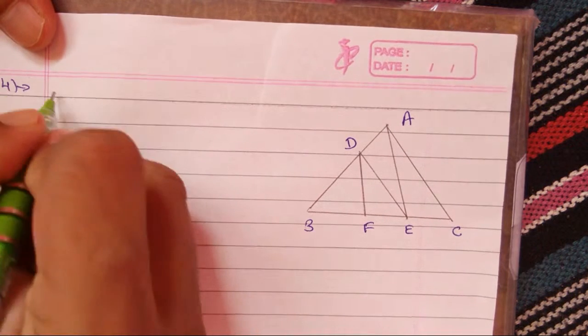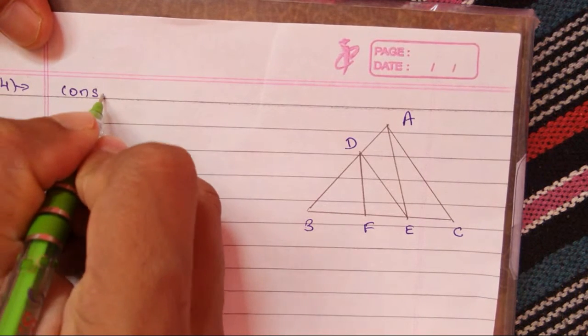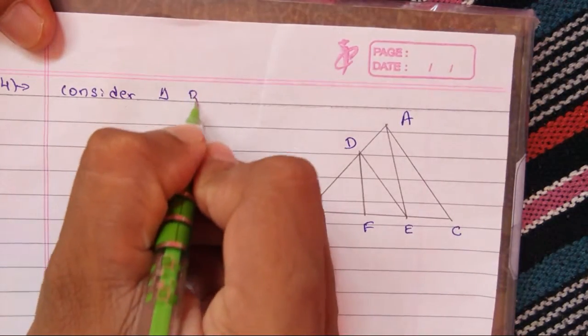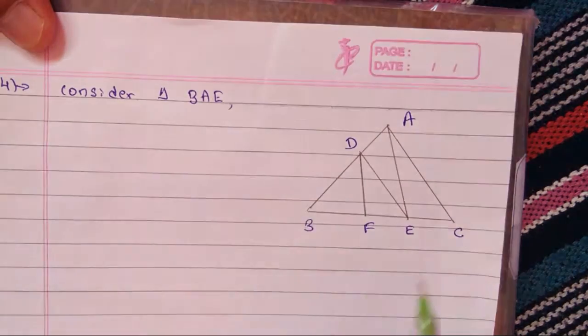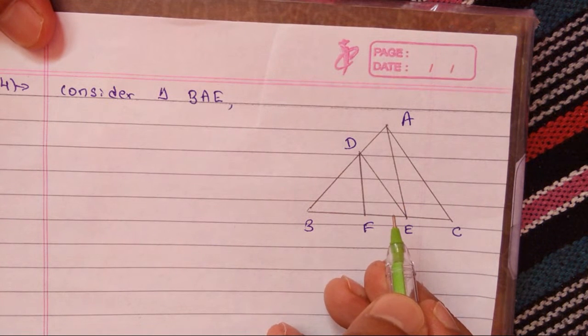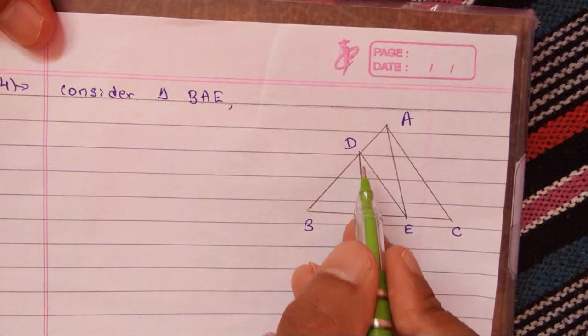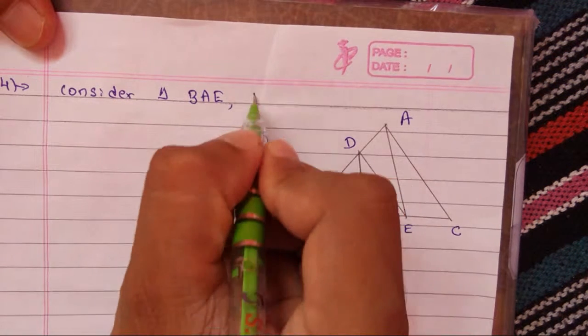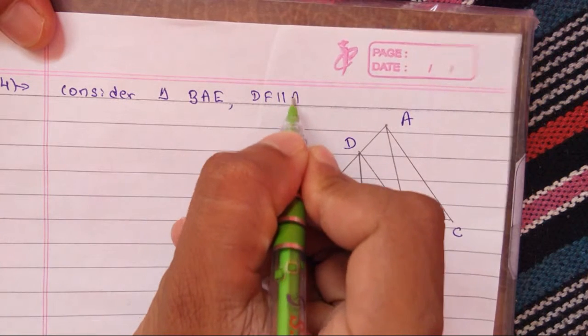Consider triangle BAE. In this triangle, which are the two parallel lines? DF and AE are the two parallel lines. Here DF is parallel to AE.